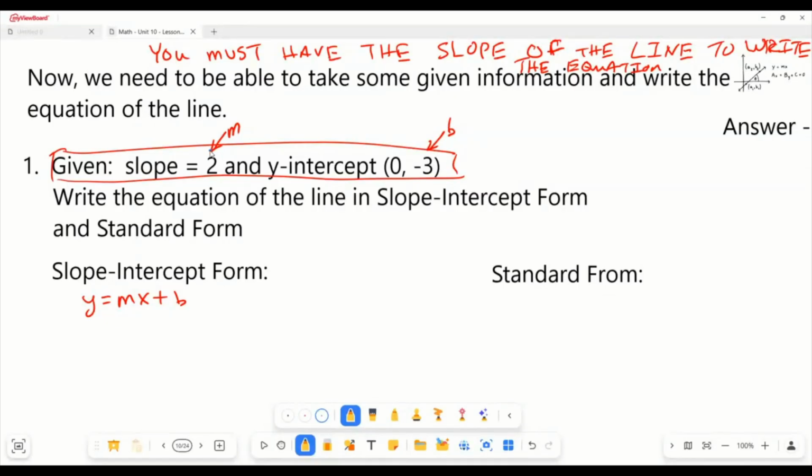All I have to do is take this and put it here, and this and put it there, if we're given the slope and the y-intercept. So the slope-intercept form for the equation of the line that has a slope of 2 and a y-intercept of (0, -3) is y equals mx plus b.